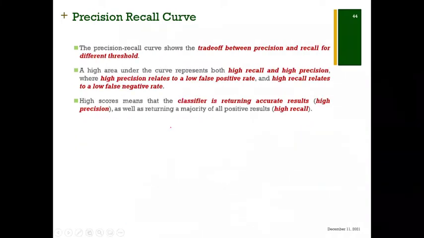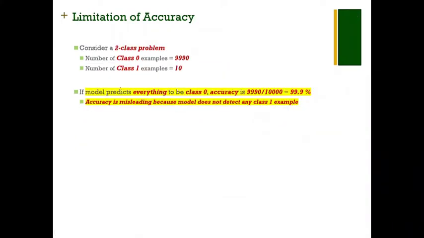As an example, just imagine this. You have a two-class problem. Class 0, which means healthy patients, has 9,990 samples. Whereas class 1, the sick people, are only 10 out of 10,000.